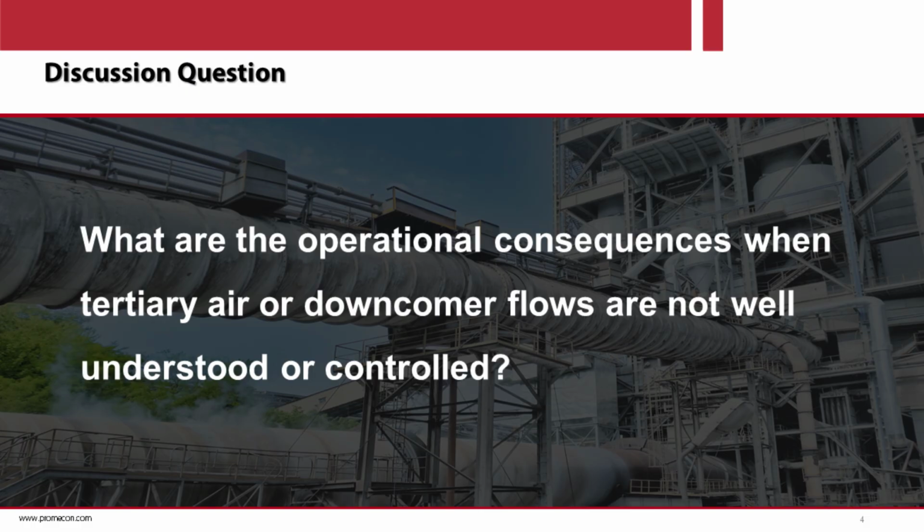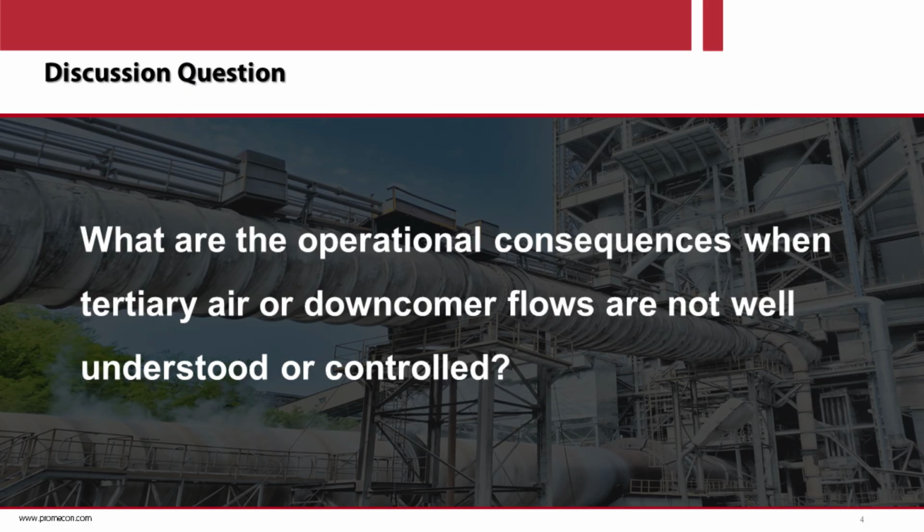Thank you for that question, Ravi. So, of course, when those two flows are not well understood or controlled, first we have to realize that an unbalanced tertiary airflow leads to an improper air-fuel ratio in both the kiln and the calciner.